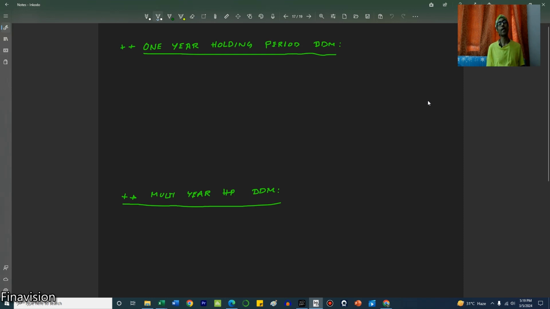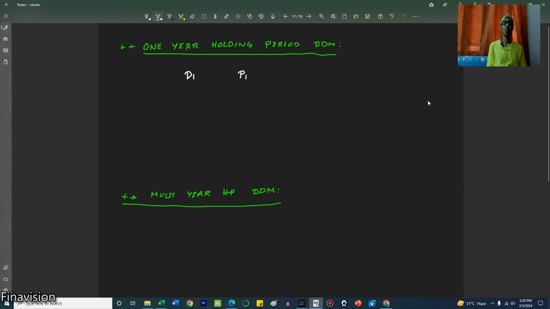Friends, now we will look at the DDM model being applied to a holding period of 1 year. How does that work? Let's say you are investing in a company where you expect a dividend D1 to be given to you over a period of 1 year, and at the end of the period the price will be P1 for that company.